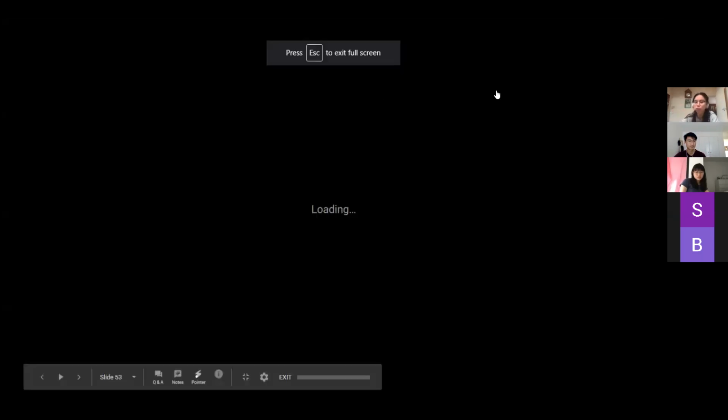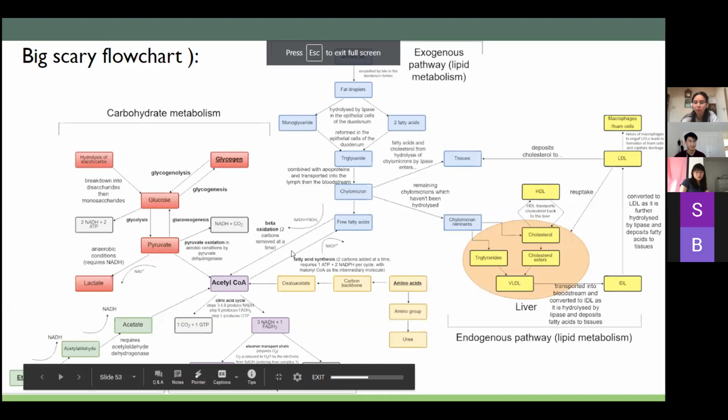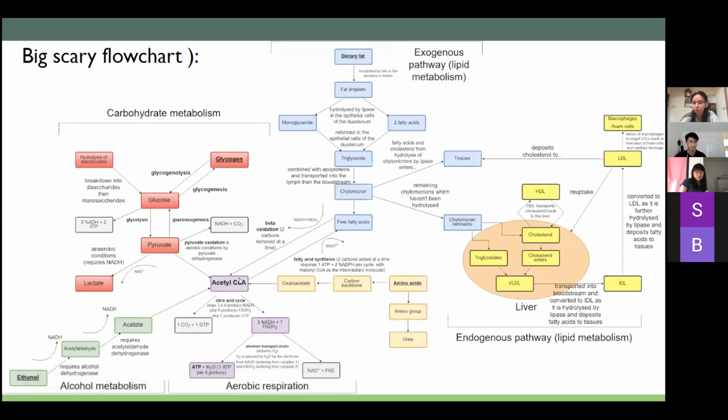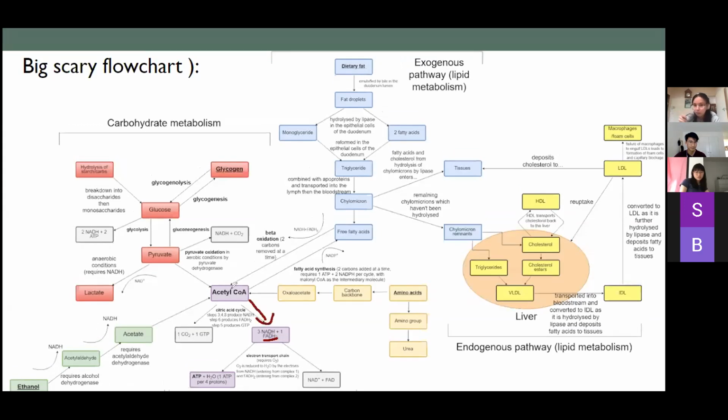So if you remember, we look at the citric acid cycle, right? So we have acetyl-CoA to NADH and FADH2, right? But in order to produce NADH, you need NAD plus, right? So you need NAD plus to undergo the citric acid cycle.